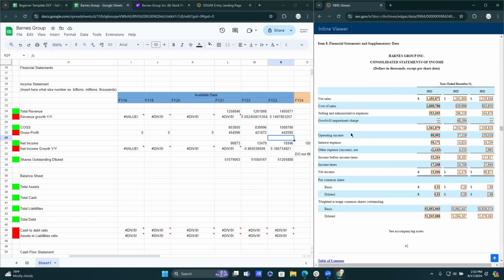Our operating income is any income that is made from these operations. The formula would be net sales minus all of these other charges. Once we minus those, we get operating income. Interest expense is any interest.